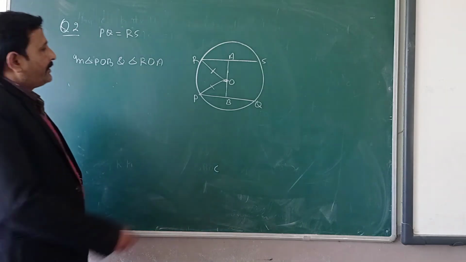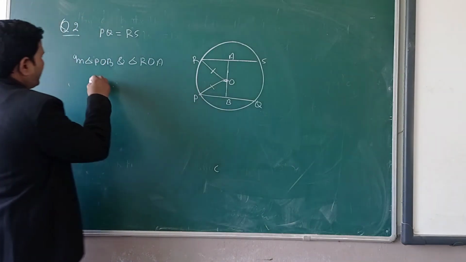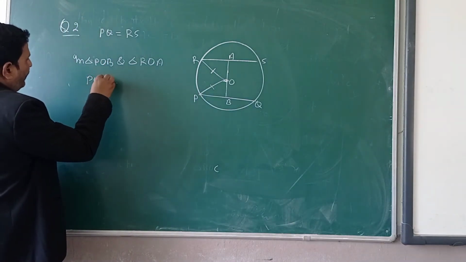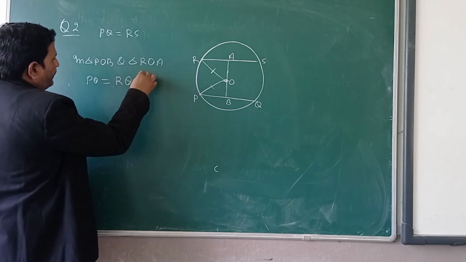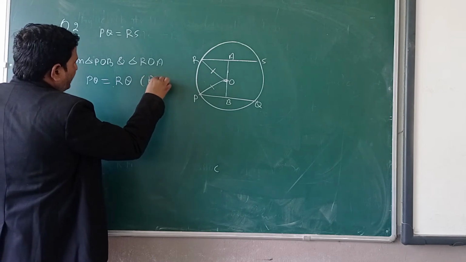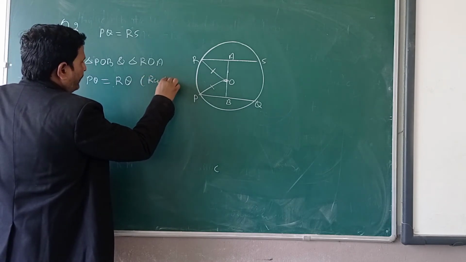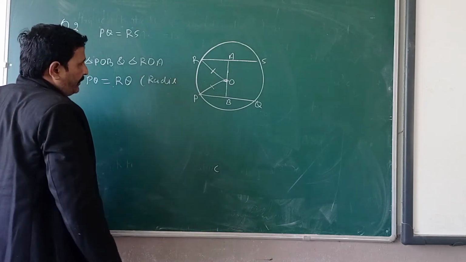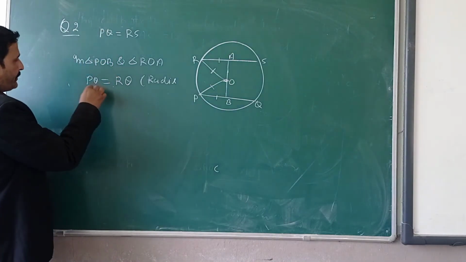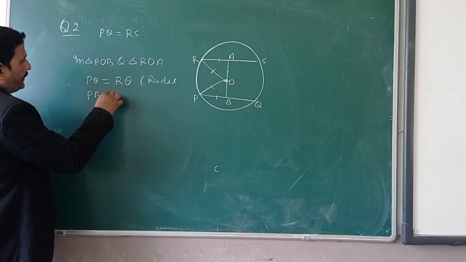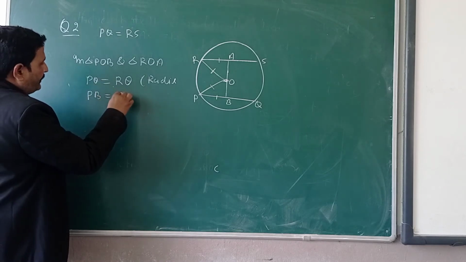Radii of the same circle, which means PO is equal to RO. Now this side is equal to this side, which means PB is equal to RA.